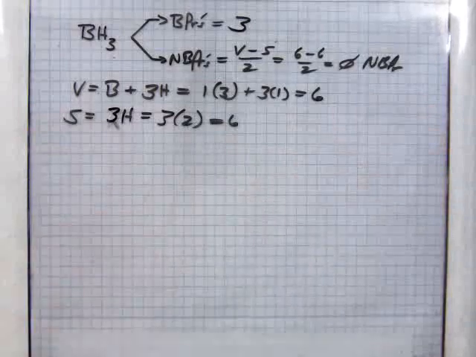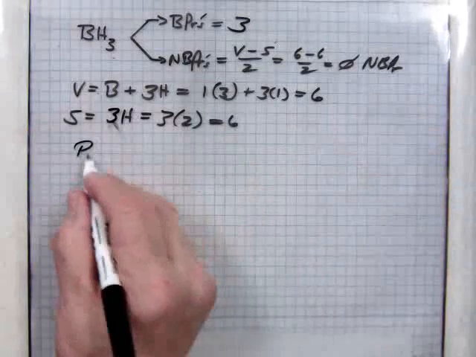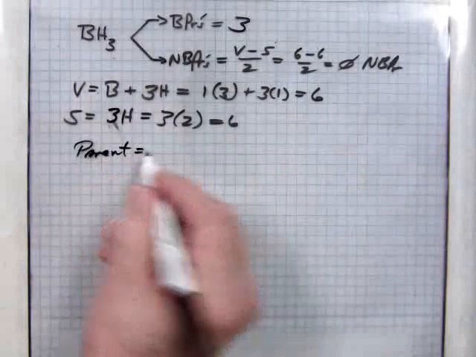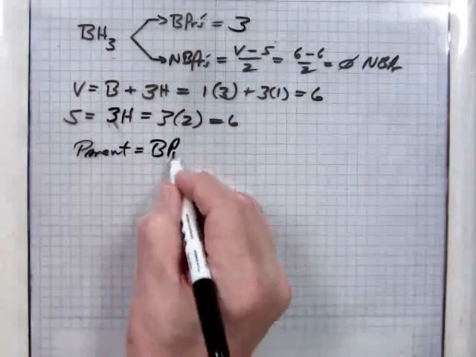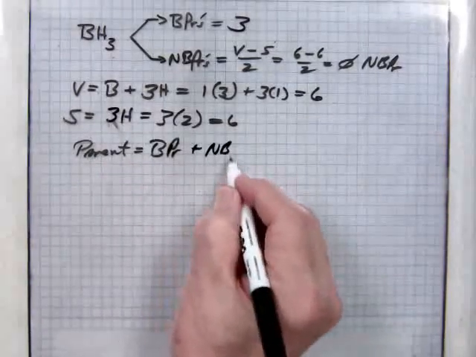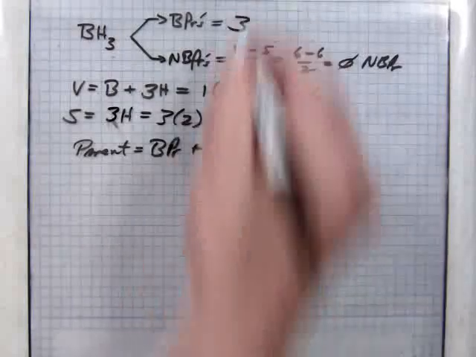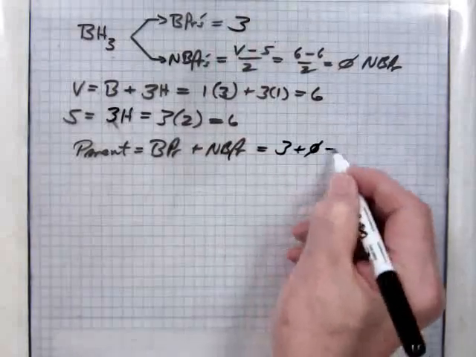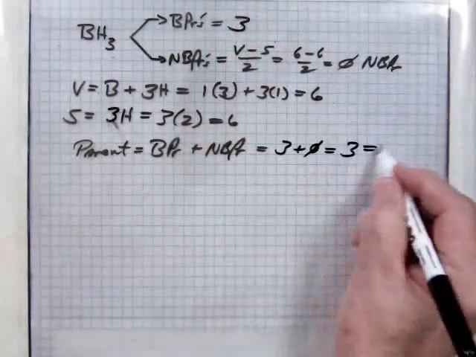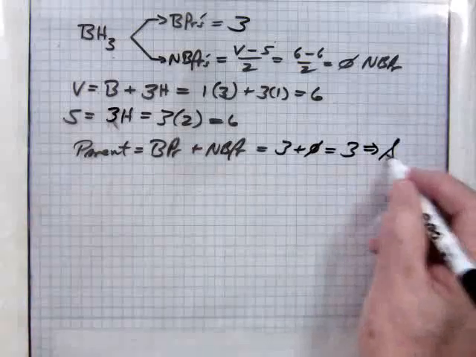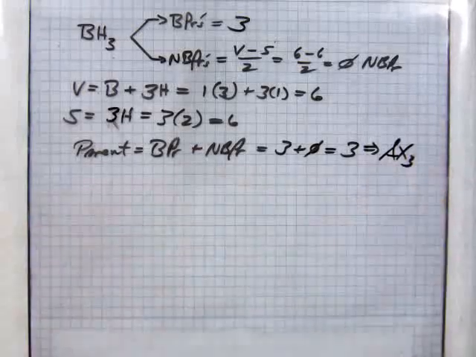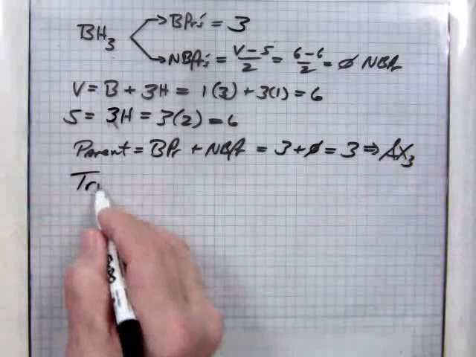So, in order to determine the parent structure, it's your bonded pairs plus your non-bonded pairs. And again, 3 plus 0 gives you a 3, which means the parent is an AX3 parent, which is trigonal planar.